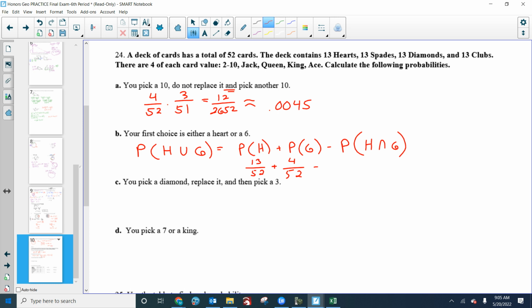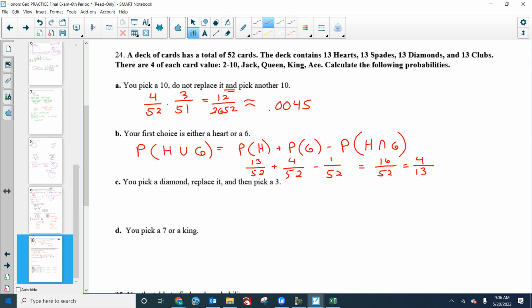So we need to subtract off the 1 out of 52 that has both of them on it, right? 16 out of 52, which reduces to 4/13. Or if you wrote it as a decimal, you can type it in your calculator. Good so far.